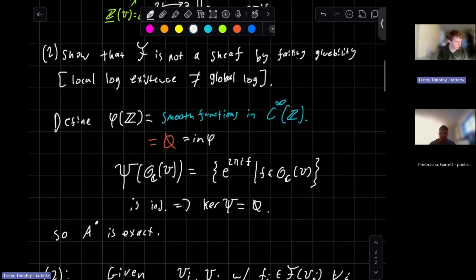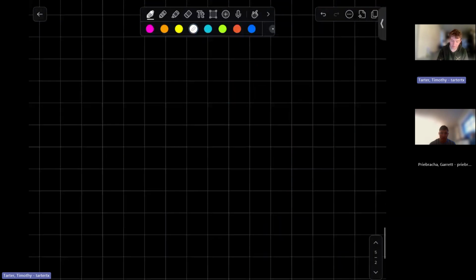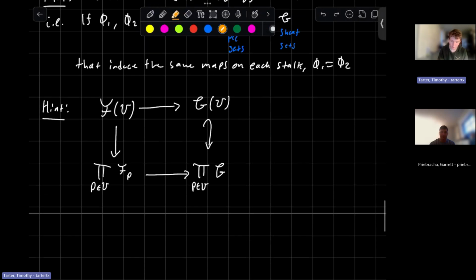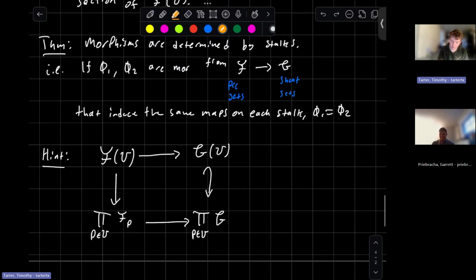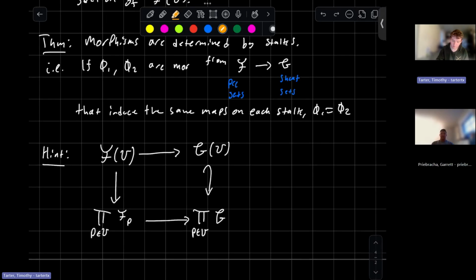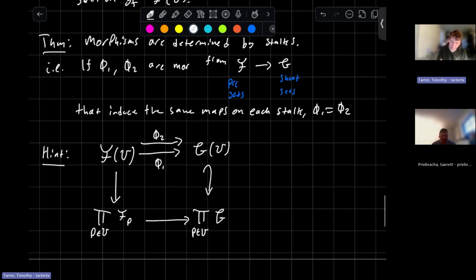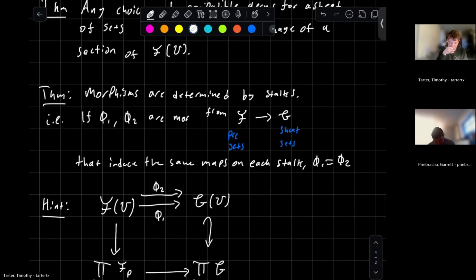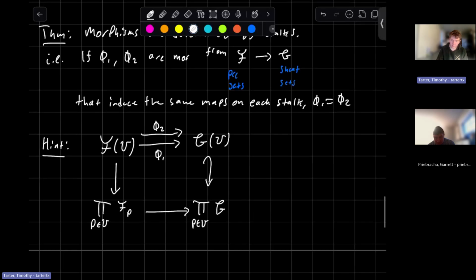So we have by the previous lemma an injection here, since G is a sheaf over U. And so then we want to let this be phi1 and this be phi2, and then we want to show that they're the same thing.